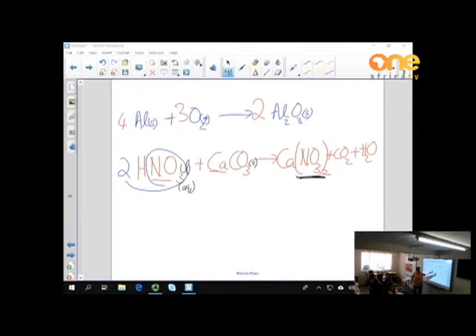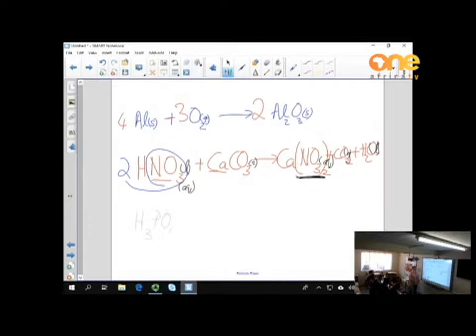So this thing is not going to be a solid, but it's going to be aq. All right, that one is a gas, and that one is going to be a liquid. Depends on at what temperature the reaction occurs, but this one, with the acid, we don't usually work above boiling point. I'm going to do one more, and then I'm going to give you a worksheet. One more reaction.